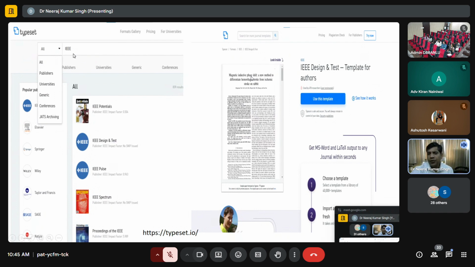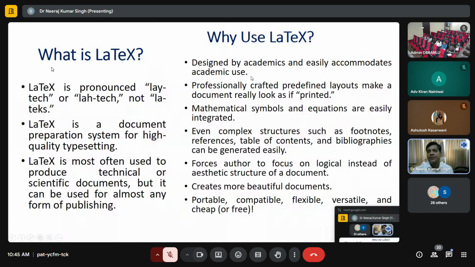So you have written one paper, now you want to submit to a Springer journal, but you are not aware of the guidelines or structuring of the paper. You upload your paper and your paper will be structured according to that publisher's guidelines. Typeset demo version you can use freely, but it's commercial. LaTeX is free.